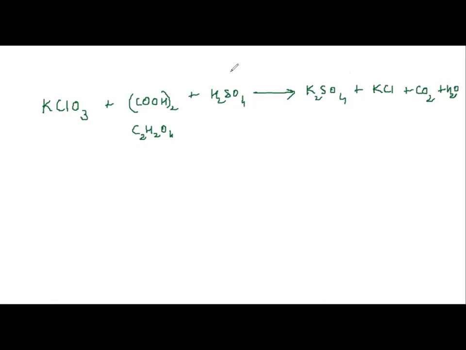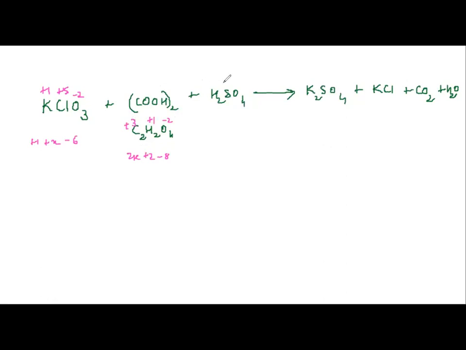Now, write the oxidation states. For chlorine in KClO3, +1 -2: so +1 plus X -6 equals 0, X is +5. So here chlorine is +5. Carbon: oxygen is -2, hydrogen +1, so 2X plus 2 -8, so -6, it is +3.